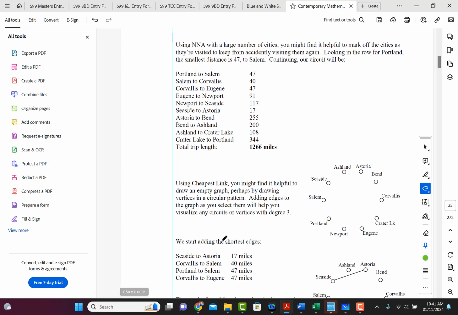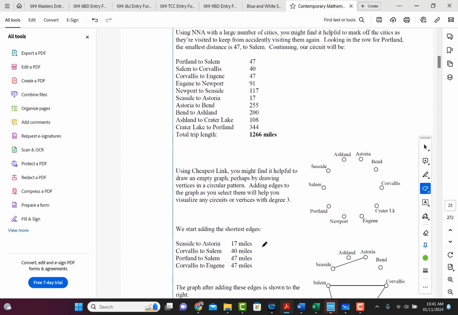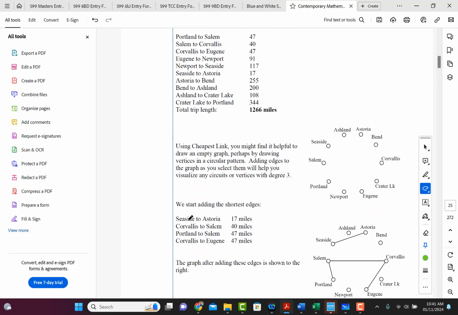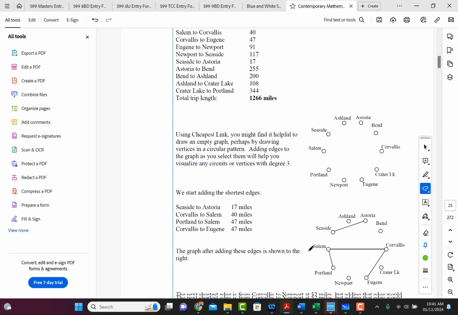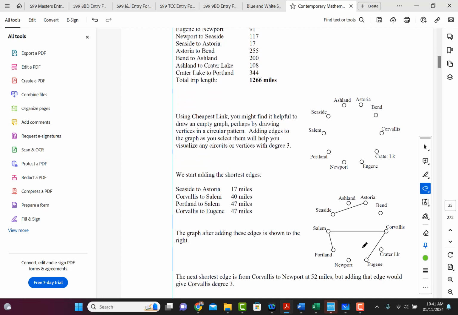So we start adding the shortest edges. And as we add the shortest edges, Seaside to Astoria, the 17 miles, Corvallis to Salem, Portland to Salem, Corvallis to Eugene. Those were the ones that we had just found, right? So we did that. Okay, so this is what we had so far.